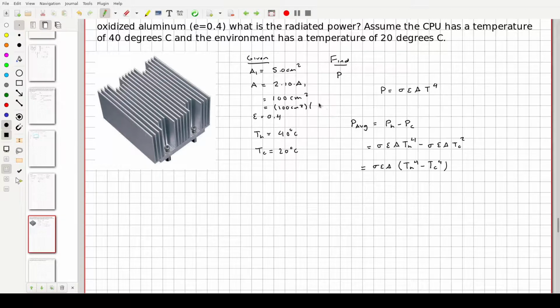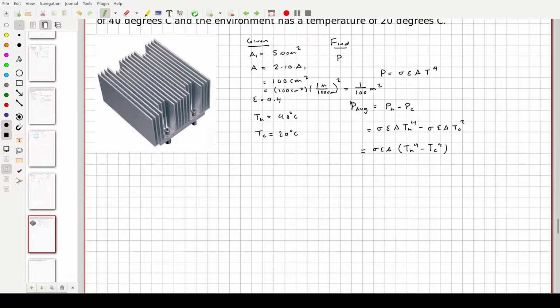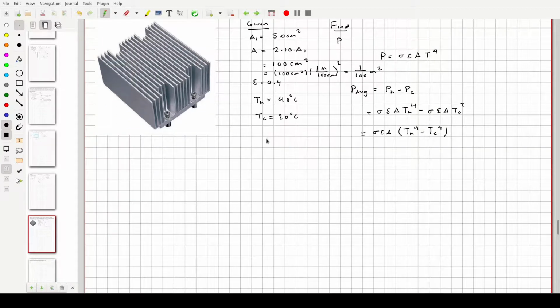We know that for every 1 meter, there are 100 centimeters, and you have to do that conversion twice. You do it once, and this becomes a 1 over 100. You do it again, and it's 1 over 100 squared. So our area is 1 over 100 meters squared, and I'm not going to bother putting that into decimal form.